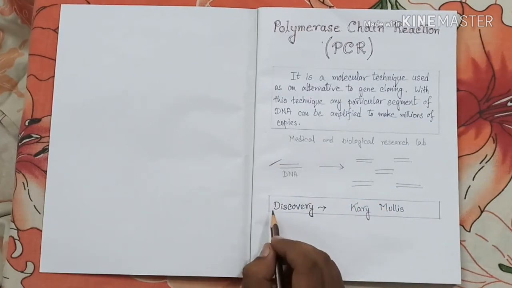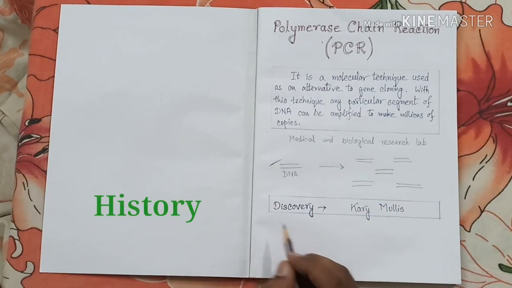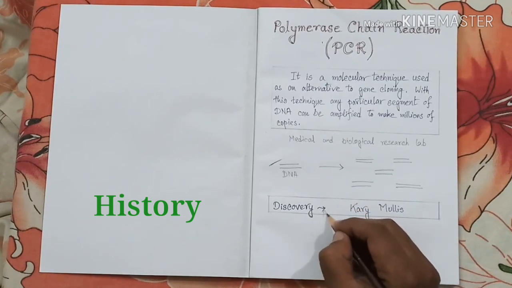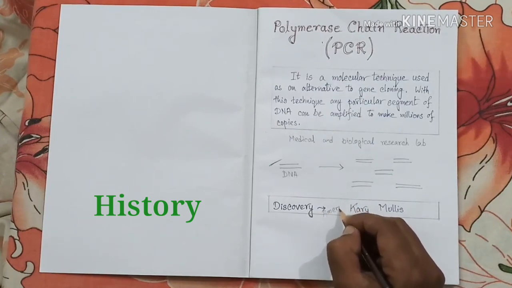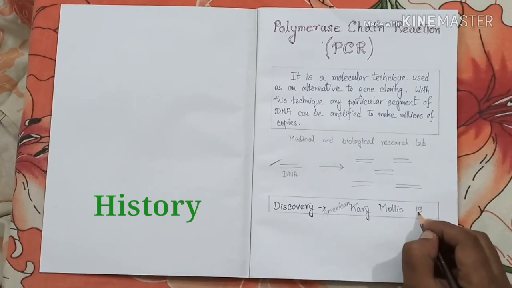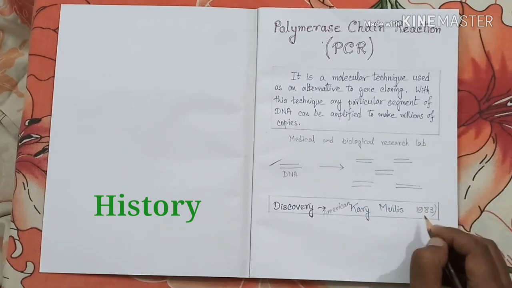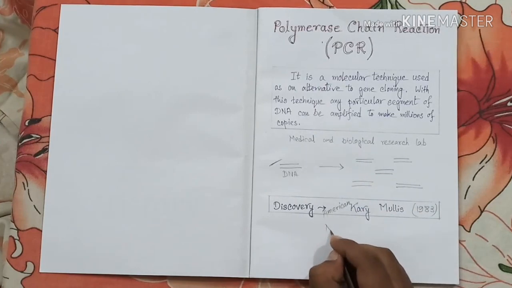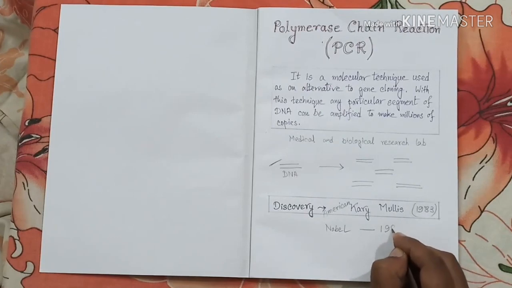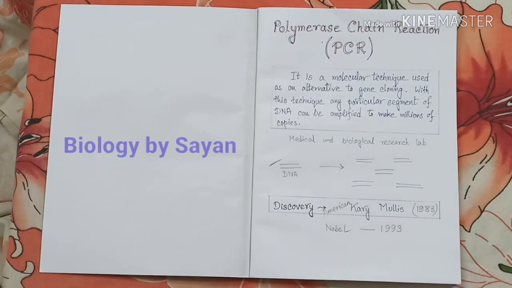Now, let us know about its history. This technique, PCR, was discovered for the first time by an American scientist, Kary Mullis, in the year 1983, and he was awarded the Nobel Prize in the year 1993.